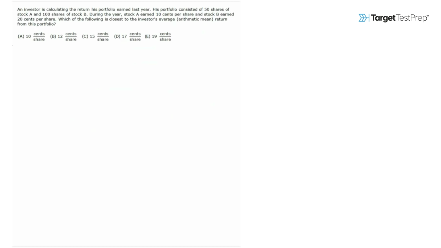So this question, you'll notice we use the words "closest to," and "closest to" obviously implies estimation. The GMAT loves that. So what I want everyone to do here is use estimation, see if you can come up with the right answer, and then we'll talk about it. So I'll give everyone about 2 minutes here.